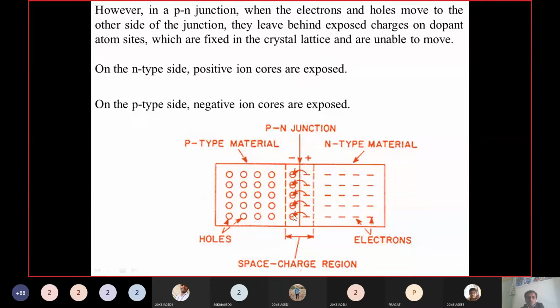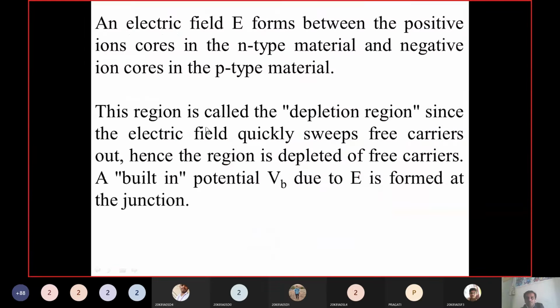Due to that ion core, an electric field will be developed. This region we also call the depletion region. The electric field quickly sweeps the free carriers out, hence the region is depleted of free carriers.